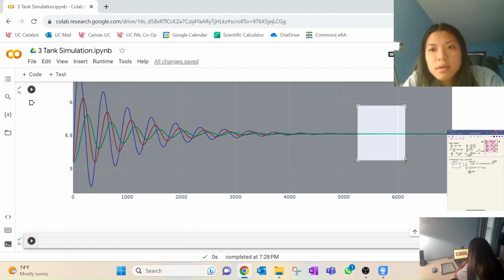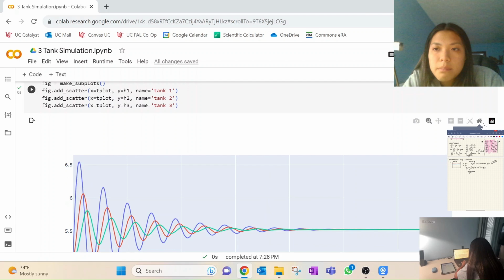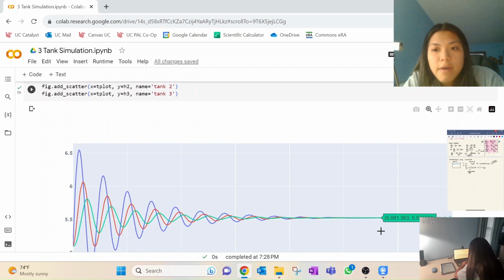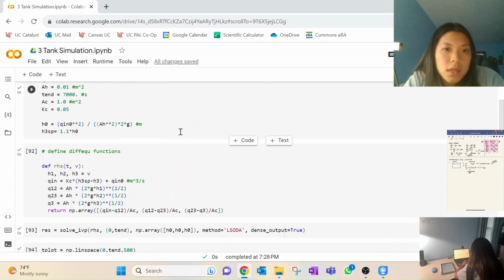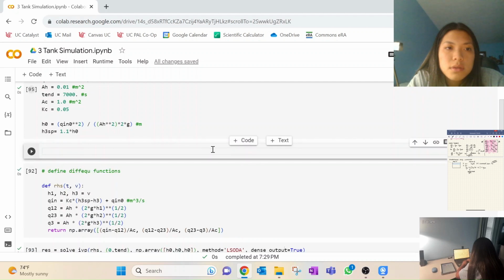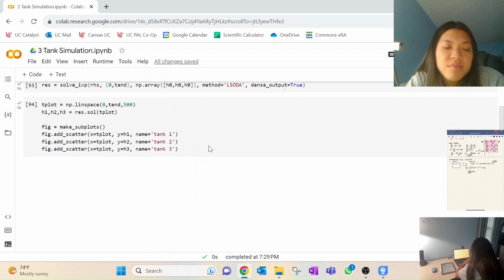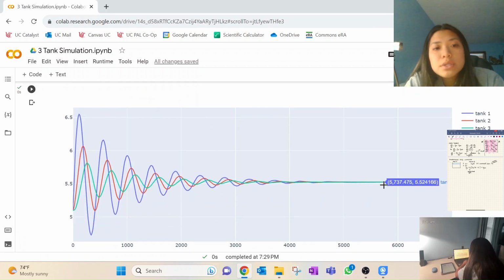Okay, so there is that steady state there, but it is only getting to 5.5. And again, just a reminder of what height we want. We want 5.6. So it's close, but it's not quite there.